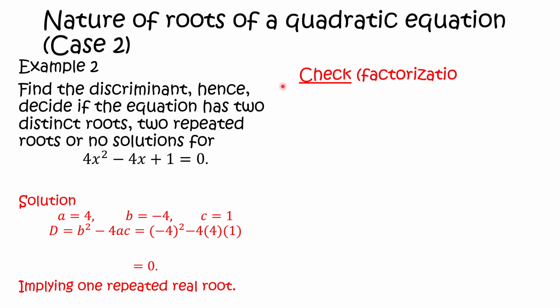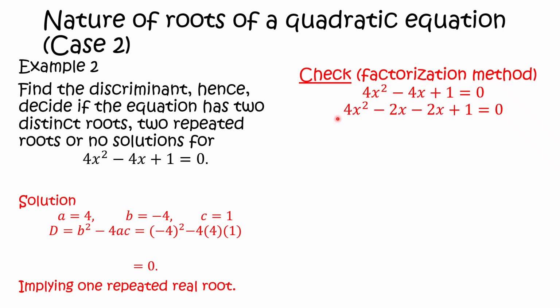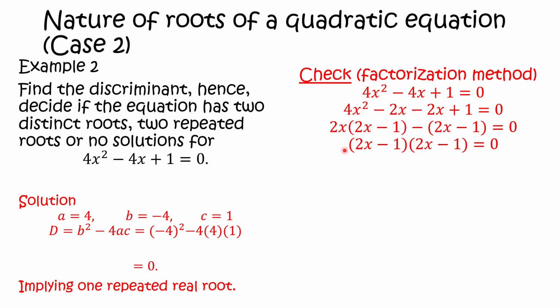Let's check this fact. So using the factorization method, we are going to have 4x squared minus 4x plus 1 is equal to 0. And with that, we are going to have 4x squared minus 2x minus 2x plus 1 is equal to 0. And factorizing the first two and the last two terms, we are going to get that.